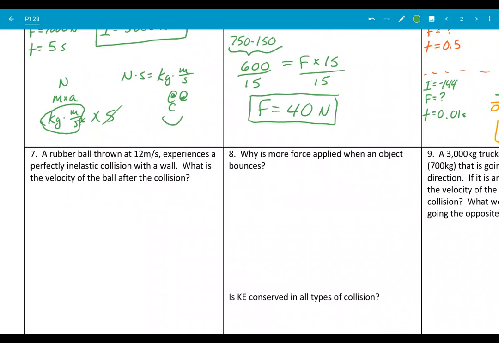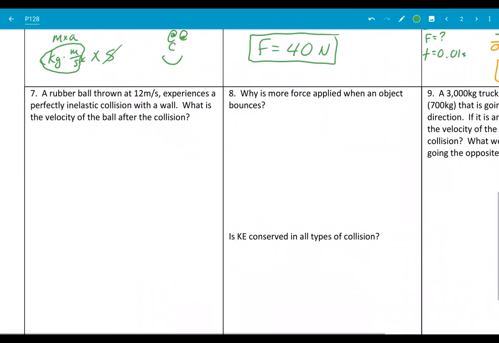All right, next up, we have a rubber ball is thrown at 12 meters per second and experiences a perfectly inelastic collision with a wall. What is the velocity of the ball after the collision? All right, what you need to know is that there are two types of collisions.